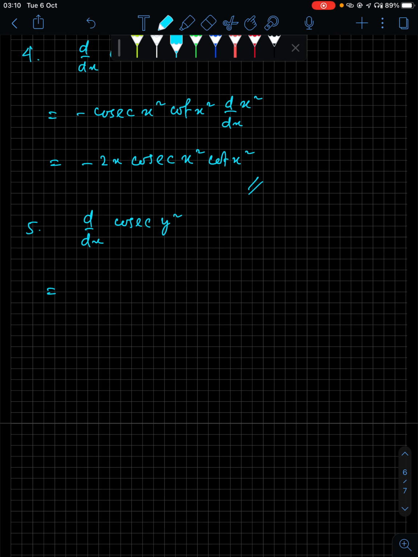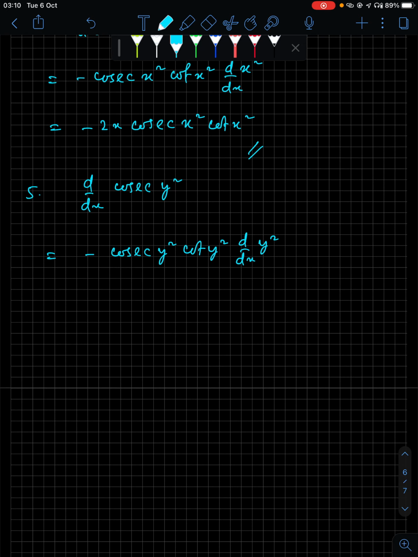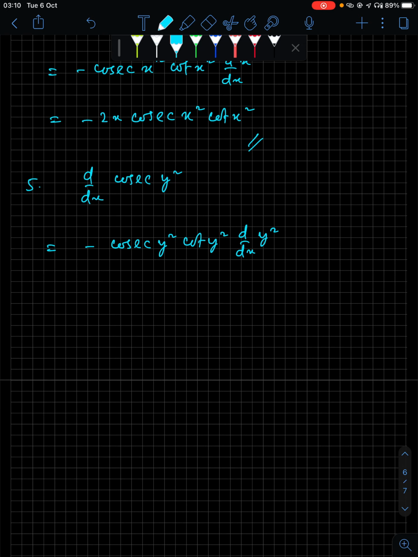So minus cosec u cot u, again d/dx of u. d/dx of y square will get you 2y d/dx of y, so I'm getting that 2y in the beginning. So cosec y square cot y square and dy by dx. That's your answer.